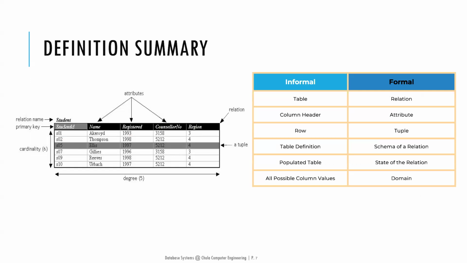The attributes must be ordered such that when you have a new row or new tuple, the data within the tuple will have to be ordered according to the attributes. So again, there are two things. Generally, the tuples don't have to be ordered, because once you enter new data, it will be appended at the end of the table. But the attributes must be ordered, such that when you enter the data, it will be ordered according to the attributes.